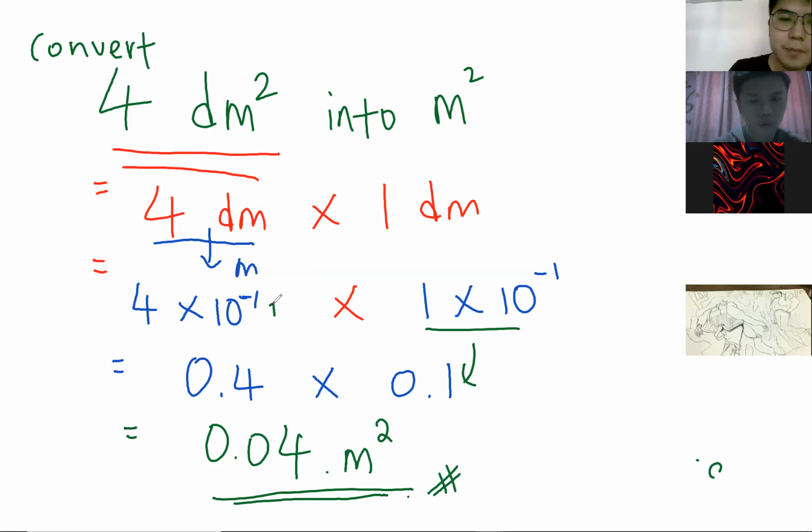This is m, this is m, m times m, you get m square. Copy down this one.